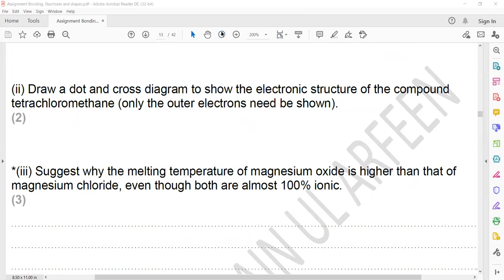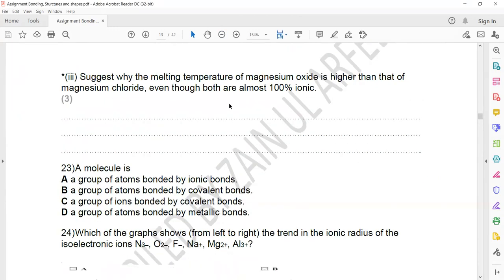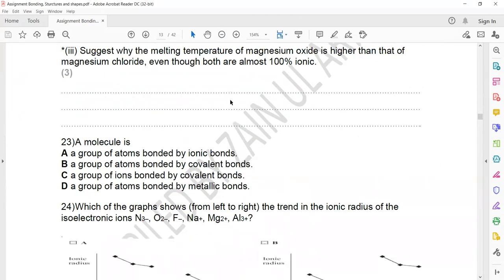The next part suggests why the melting temperature of magnesium oxide is higher than magnesium chloride, even though both are almost 100% ionic. So what is the reason? It's worth 3 marks. So why does magnesium oxide have the higher melting temperature? Both are solids, but magnesium oxide has a higher melting temperature as compared to magnesium chloride.